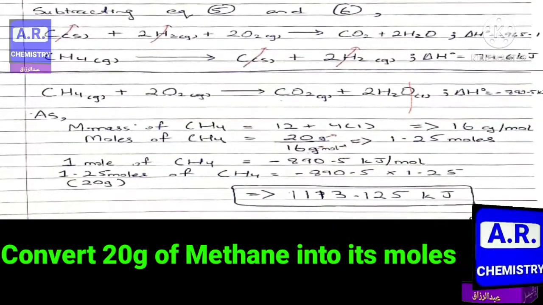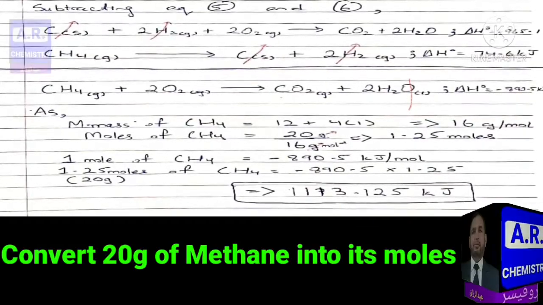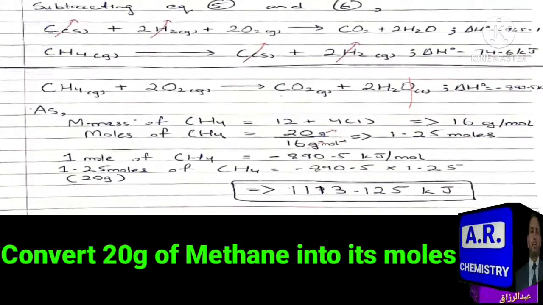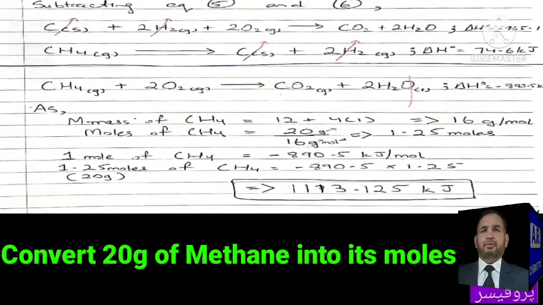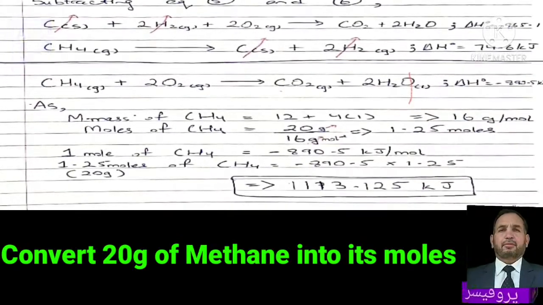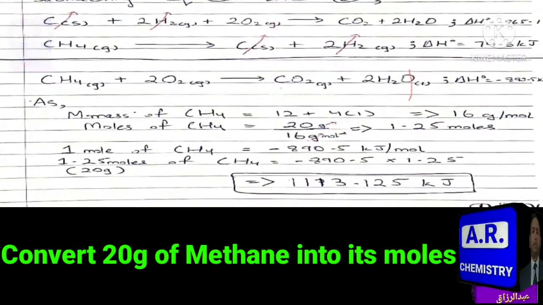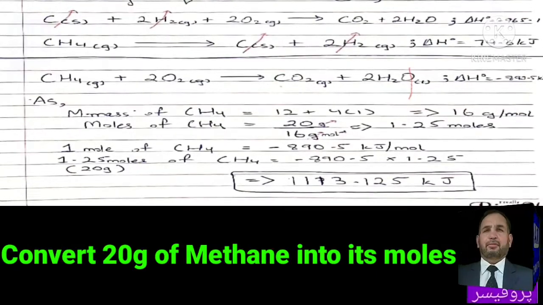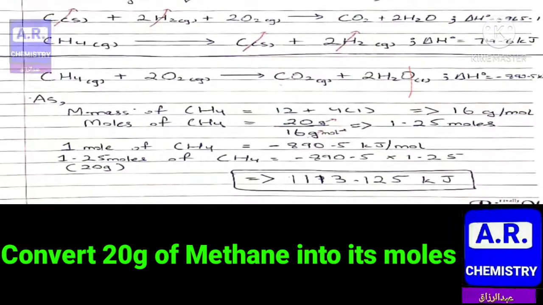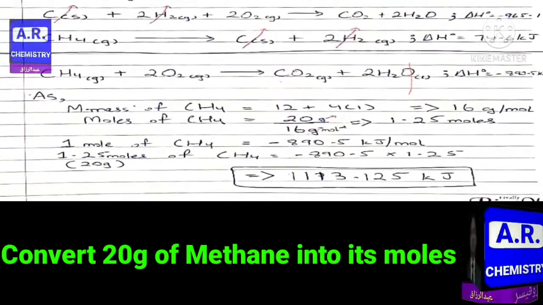You are watching on the screen that the molar mass of methane is written equal to 12 plus 4, that is equal to 16 grams per mole. So moles of methane, according to the data of the question, are mass divided by molar mass. Mass given is 20 grams and molar mass is 16 grams.